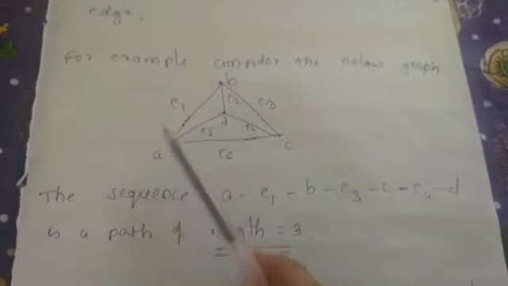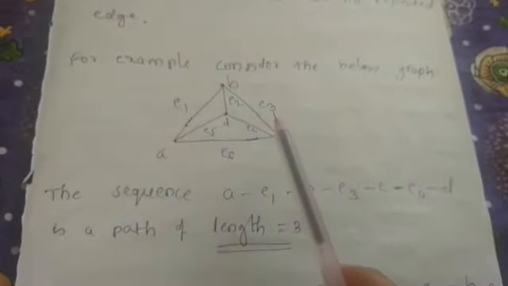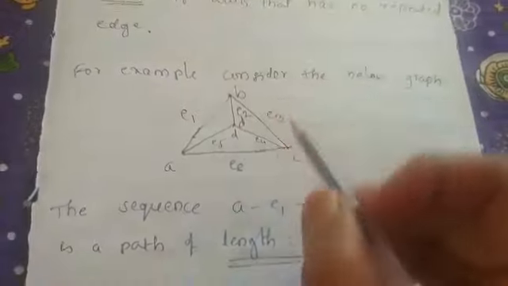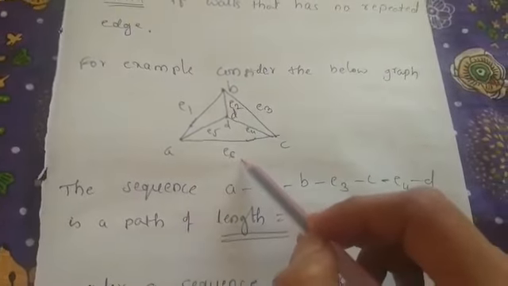Let us consider an example here: a graph with four vertices A, B, C, and D. The edges are E1, E2, E3, E4, E5, and E6.